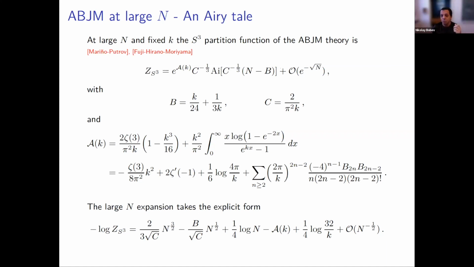And instead, what was known from 11D supergravity is that it scales as n to the 3/2. So there's some strongly coupled dynamics which effectively reduces the scaling of the degrees of freedom at large n. And this matrix model implements this automatically for you. It will give you this n to the 3/2 as the leading term.